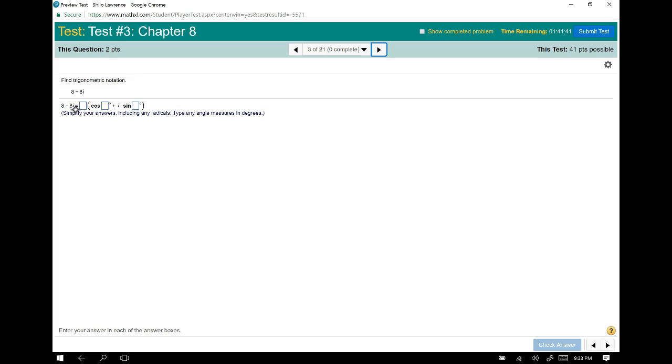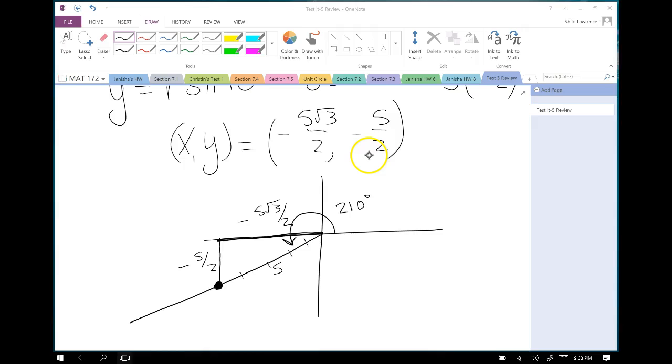So if x is +8 and y is -8, that would be quadrant 4. Positive x, negative y is quadrant 4. So when you solve for your angle, you should be typing in a quadrant 4 angle for your answer there. I'm going to actually do that problem. 8 minus 8i in trig notation.